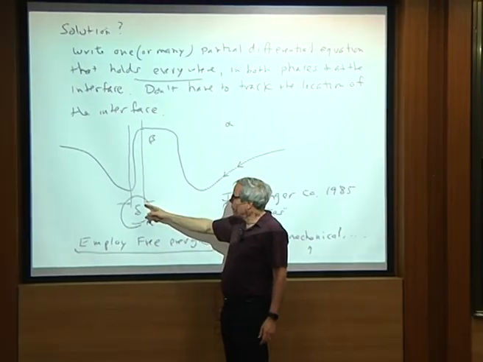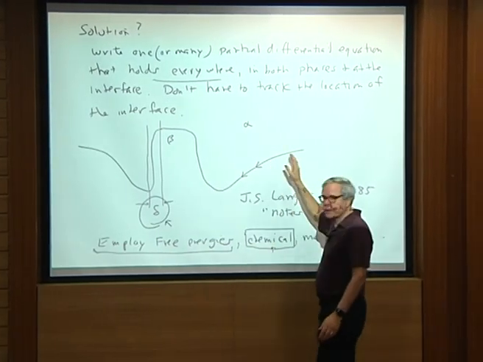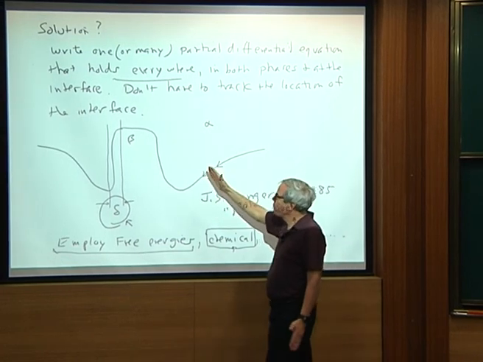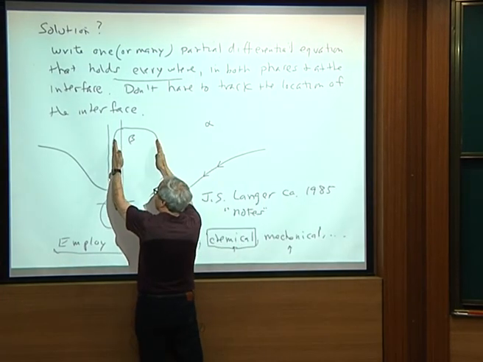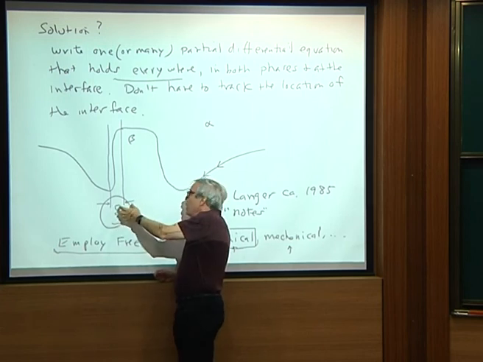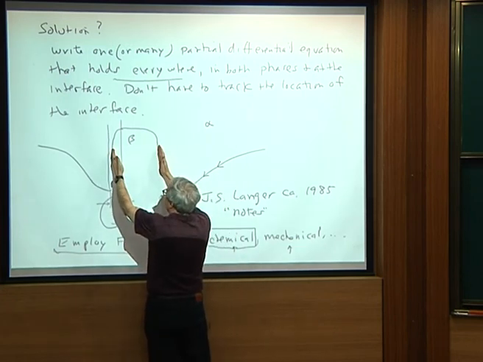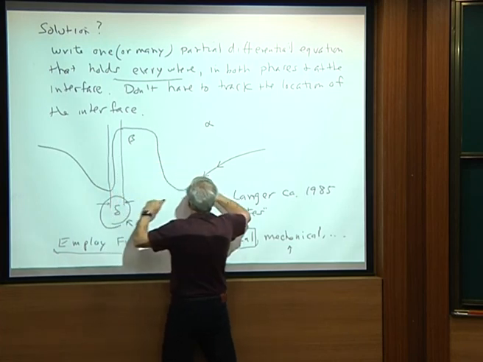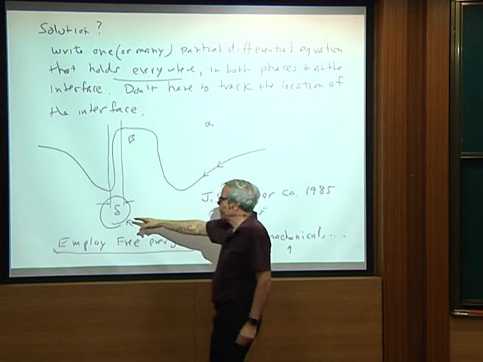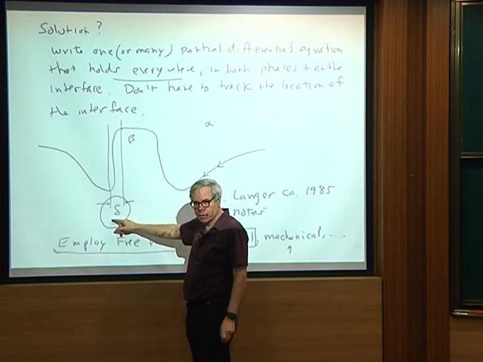And then you have these long-range diffusion fields. These long-range diffusion fields scale with the size of the particle, not with the size of delta. And so if you have a particle that's on the order of a micron, this is on the order of tens of microns. This is on the order of 10 nanometers.